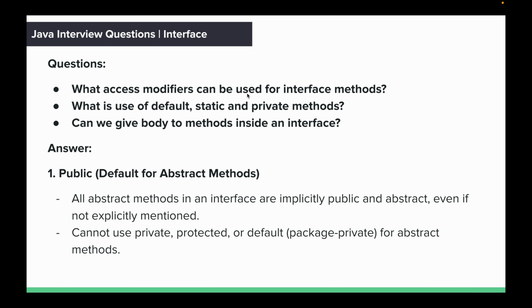Now again, in short, if someone asks you what are the different access modifiers that we can use within the Java interface methods, or what is the default, static and private methods, or what are the different components of Java interfaces, then the answer is pretty simple. In the Java interface, we can give abstract methods which will be by default public. We will not be able to use private, protected, or package level access with the abstract methods.